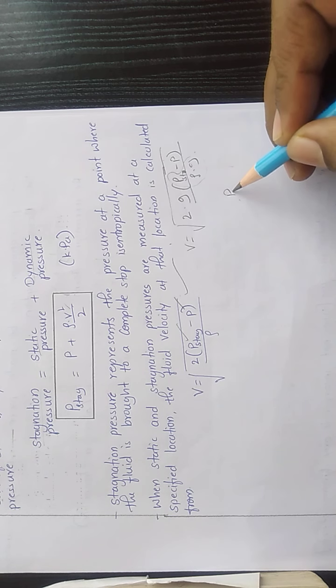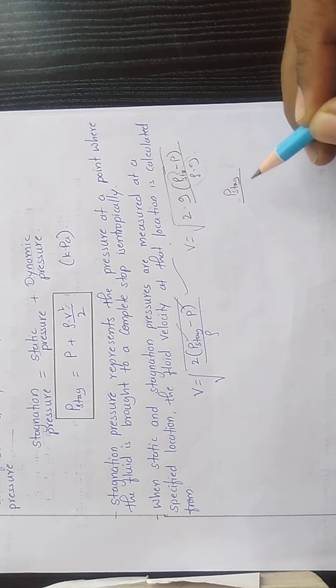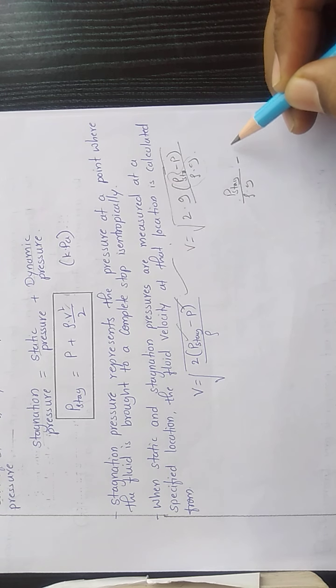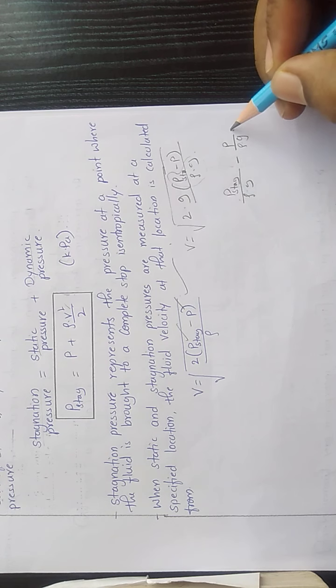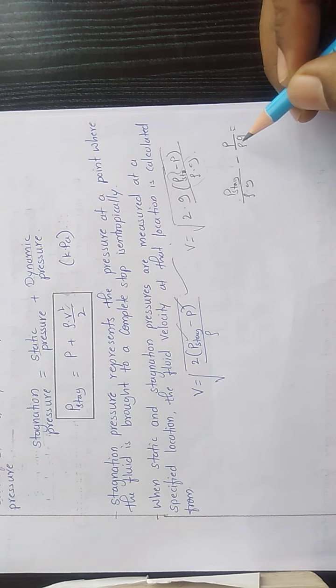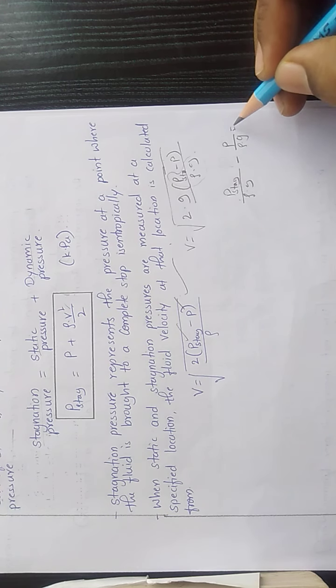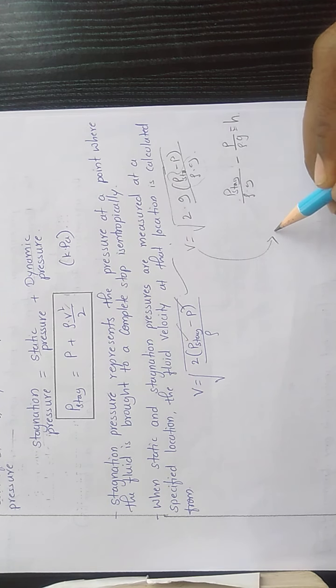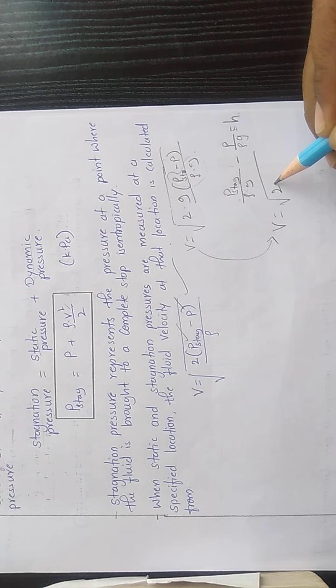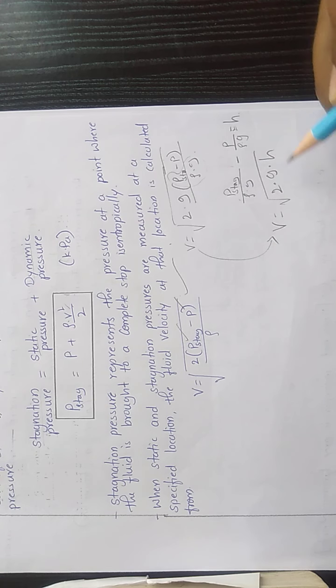So P stagnation by rho g minus P static by rho g. What is the difference of this? In our previous classes we have seen the difference of this is nothing but the head. So how can I write this equation? V is equal to square root of 2gh. This is nothing but the expression of the pitot tube.